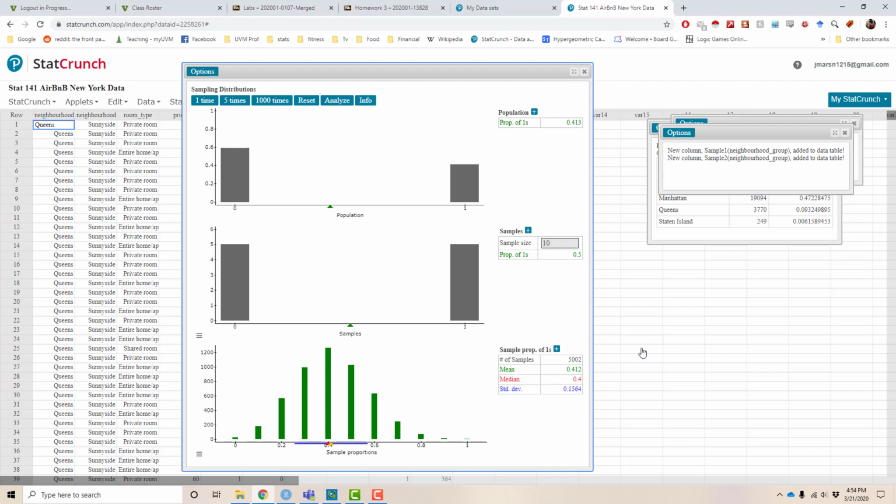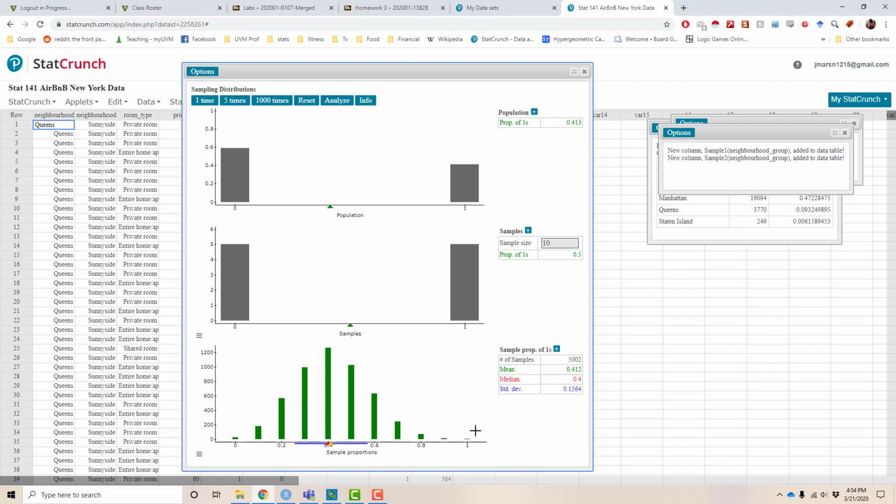And then I want to know, from these 5,000 samples, on average, what sample proportion did we get? And all of them miss, all right? You can't get a sample proportion of exactly 41% if you only take a sample of 10 apartments.